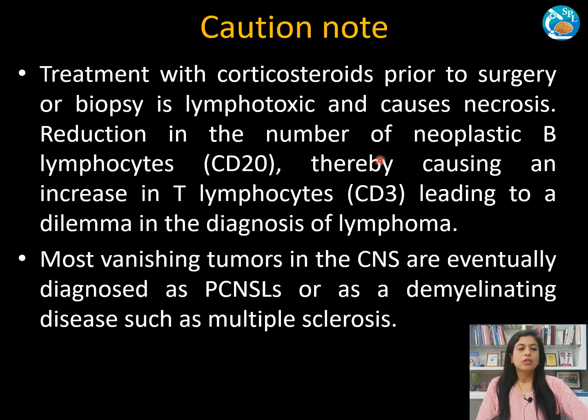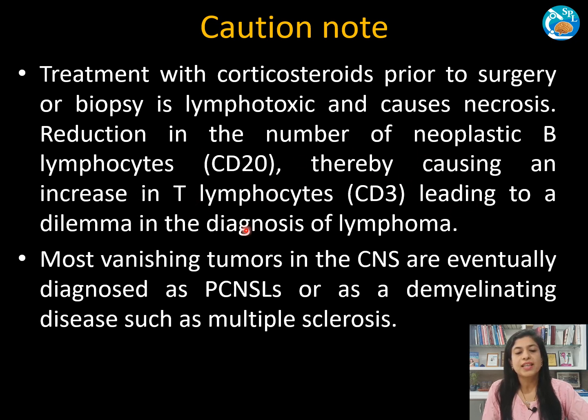Whenever these patients are treated with corticosteroids, especially dexamethasone, prior to imaging, the tumor almost vanishes within hours. So a precaution should be taken before doing imaging or before the surgery, because we may not get a representative biopsy of the tumor.